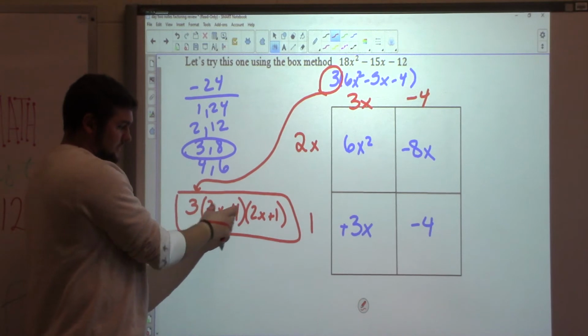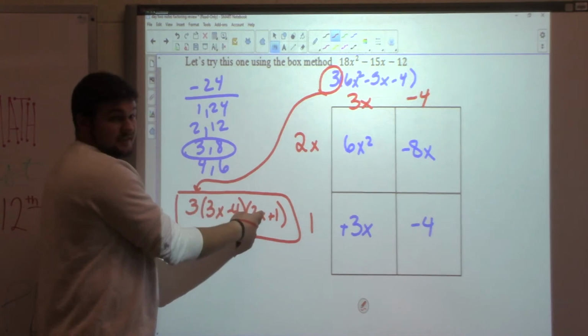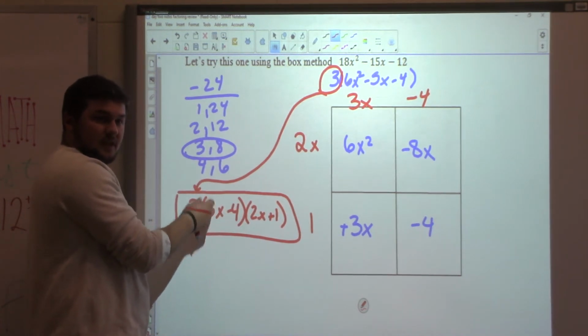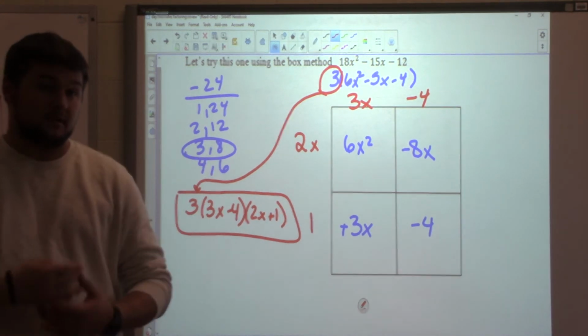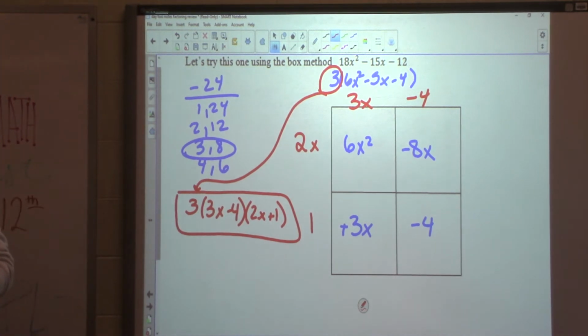And when I FOIL, I would do 9x times 2x, which is 18x squared, right? Okay, if I distribute 3 to 2x, let's say it's first, 6x times 3x is 18x squared. So it wouldn't matter which one we distribute it to, because when we FOIL it, they all go together anyway. Okay? Good question. Really good question. Any other questions? Okay.